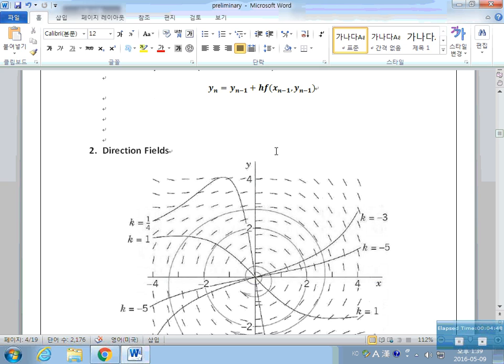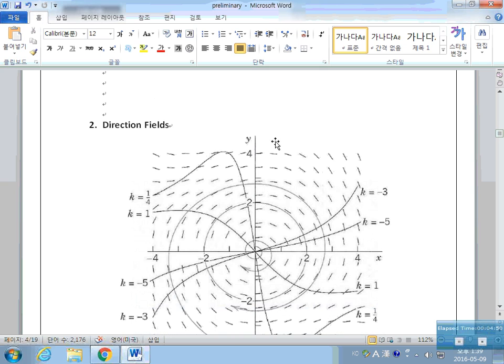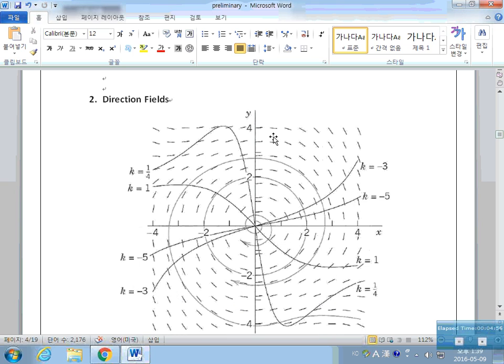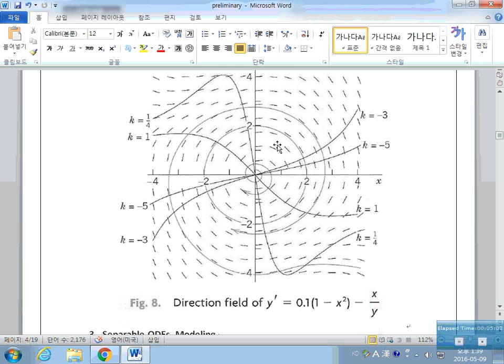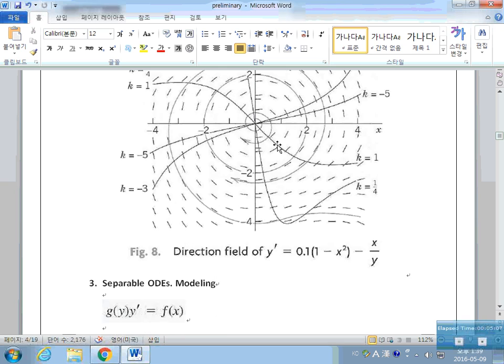Then there is a second method called the direction field method. Here we do plotting of the slope. We don't solve the equations. We just plot the slope of our equation, and then at a specific point we find the slope there, and that slope gives us the solution of the unknown function.